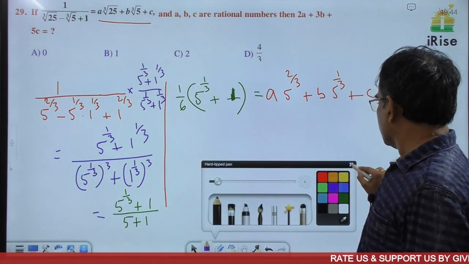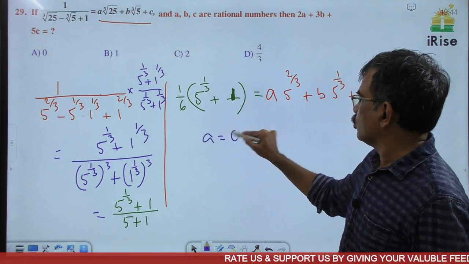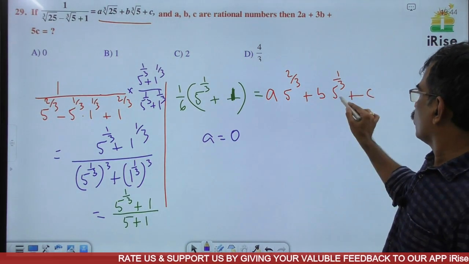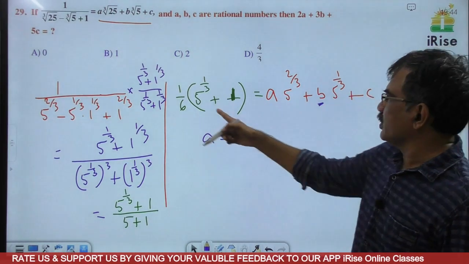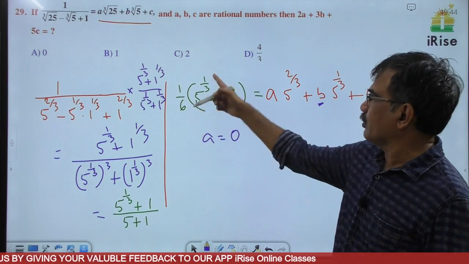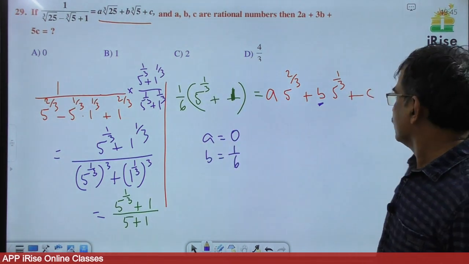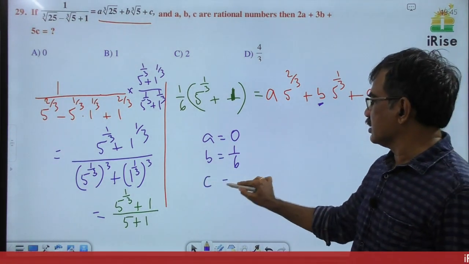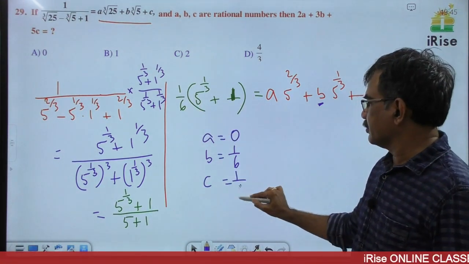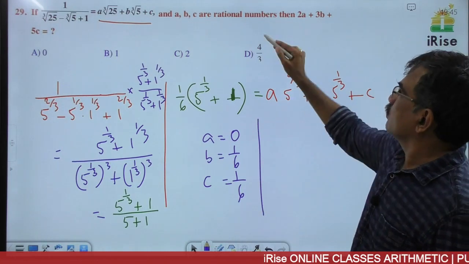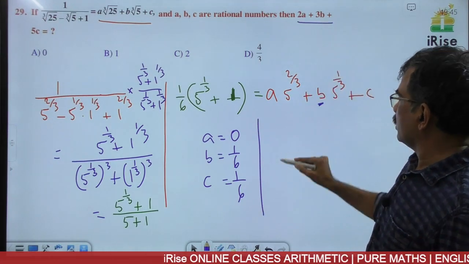Therefore, from this we can say that a is equal to 0. The coefficient of 5 power 1 by 3 is b. Here the coefficient of 5 power 1 by 3 is 1 by 6. So b is equal to 1 by 6. Similarly, the constant c is also equal to 1 by 6. Substitute these values in the given question.